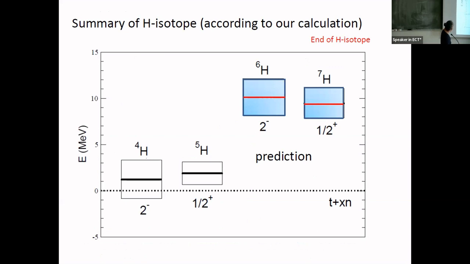As mentioned before, the question is which hydrogen isotope is the end. According to our calculation, maybe hydrogen 7 should be the end of the hydrogen isotopes. Maybe it would be difficult to measure hydrogen 9.